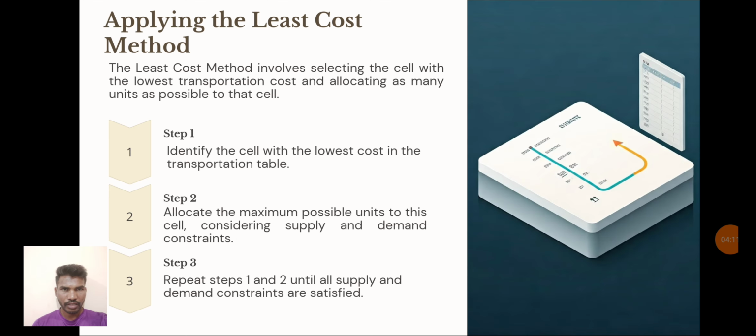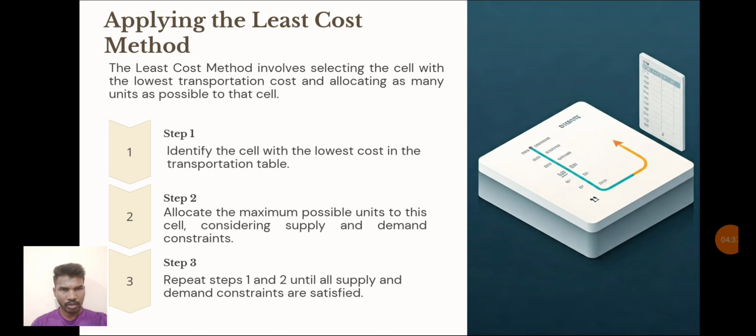Apply the least cost method. The least cost method involves selecting the cell with the lowest transportation cost and allocating as many units as possible to that cell. Step 1: identify the cell with the lowest cost in the transportation table.